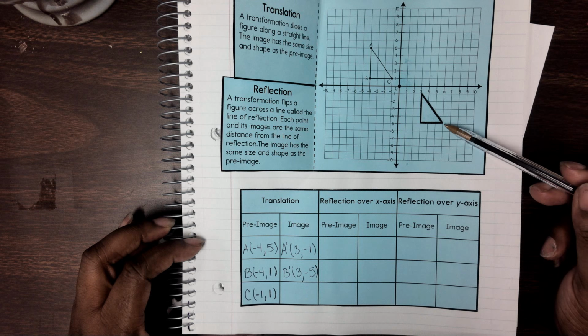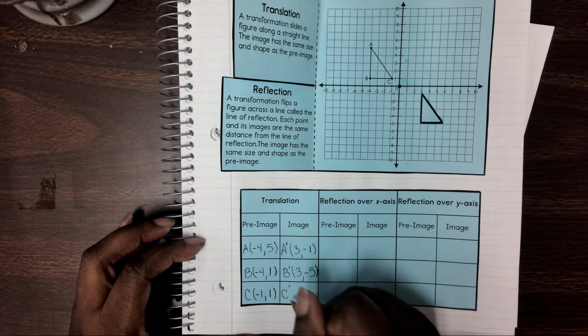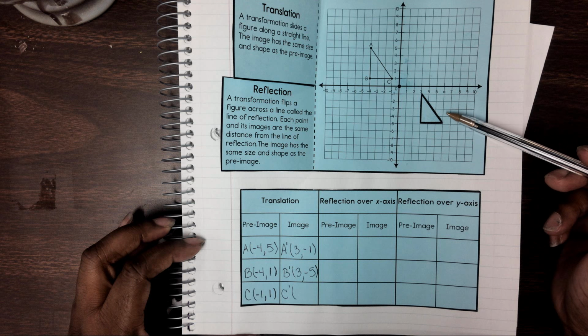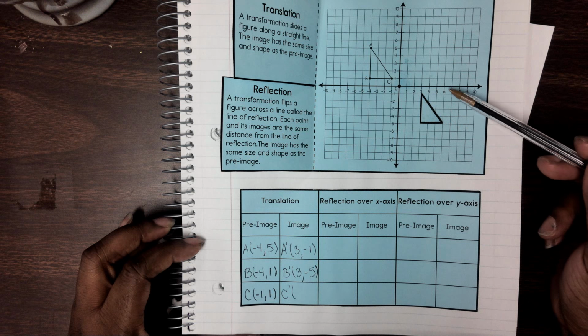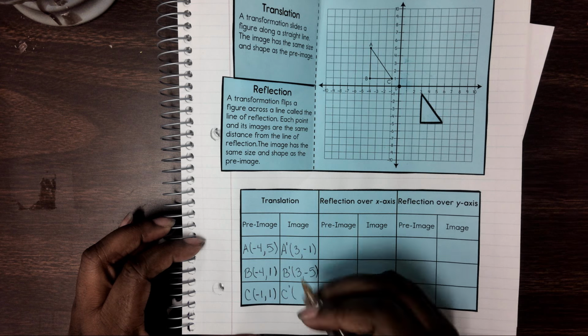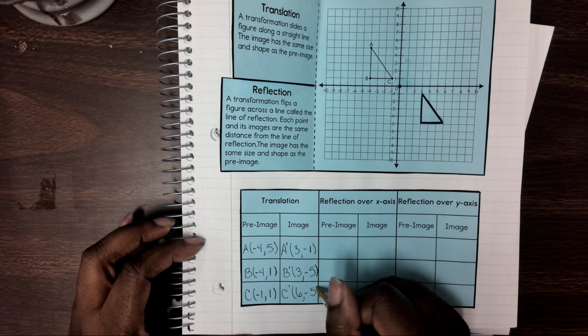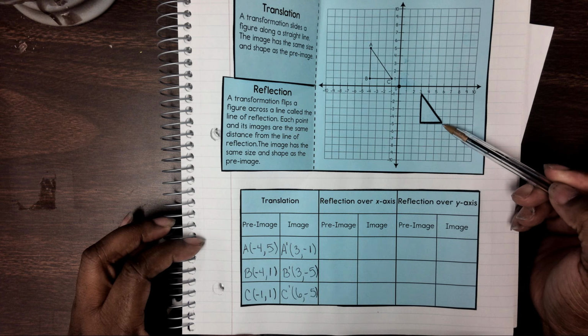C prime is located here. So C prime, and it's located at a positive 6, comma, negative 5. I'm sorry, a positive 6 and a negative 5. And again, it's a positive 6, negative 5.